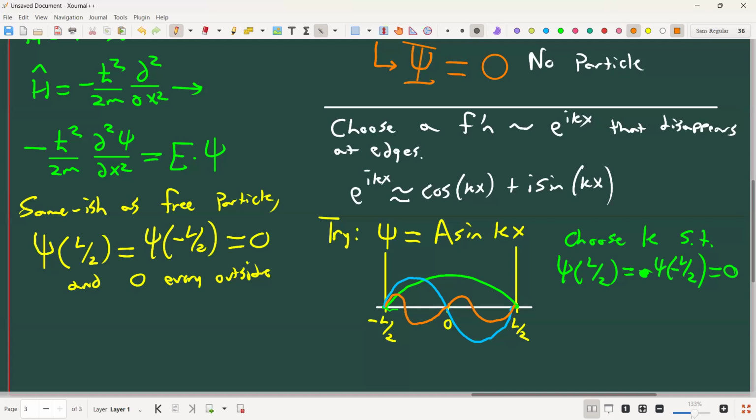So the wavelength of the wave has to be proportional to L, because you have to complete either a half or a whole period from minus L over 2 to L over 2.